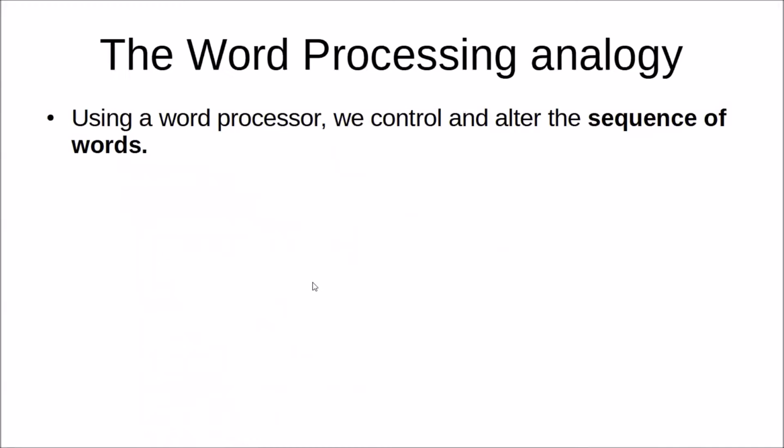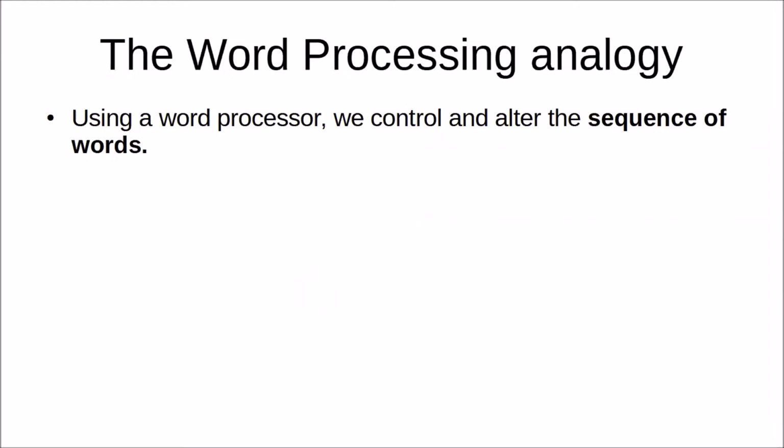Okay, now the word processing analogy is actually not very difficult to understand. What we do in word processing is we create an initial sequence of words and paragraphs, and then we kind of shuffle things around sometimes, to get pieces that are actually related to each other together.